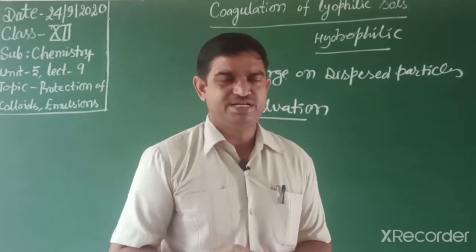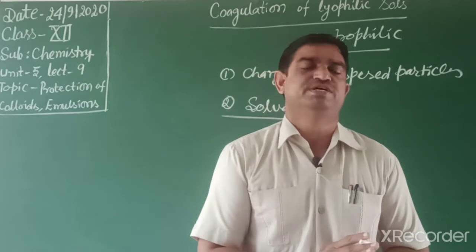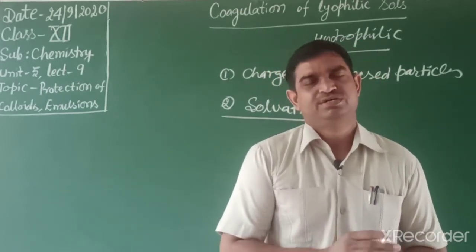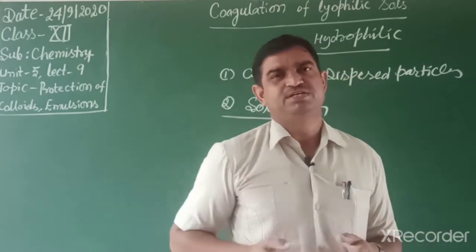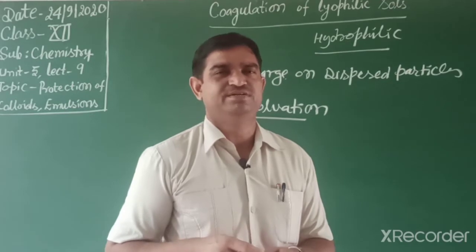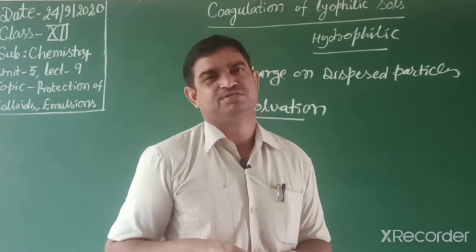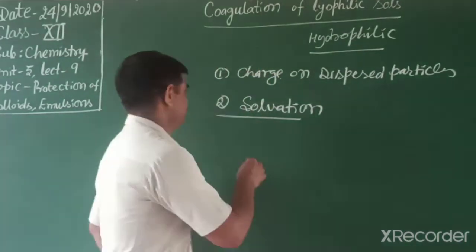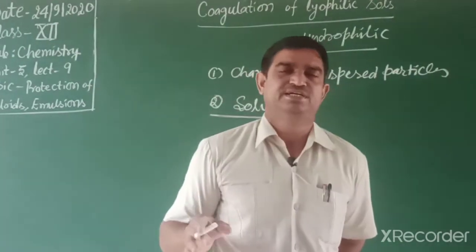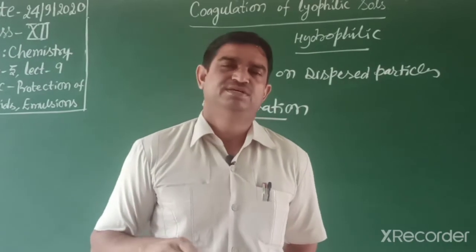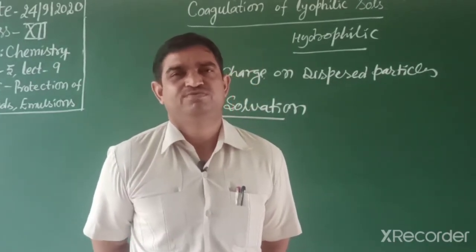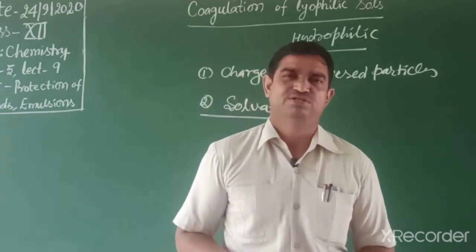If we add a different solvent, like alcohol or acetone, to a hydrophilic sol, then what happens? The dispersed phase particles are dehydrated, and when a very small amount of electrolyte is added, they coagulate or precipitate out. So these are the two factors. By adding a different solvent like acetone or alcohol in water, they are dehydrated and precipitate out. In this way we can coagulate the lyophilic sol also.